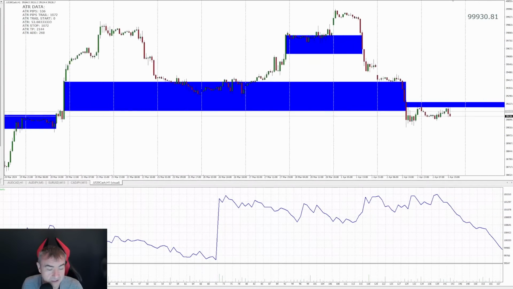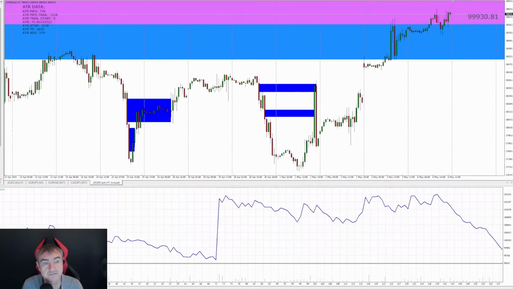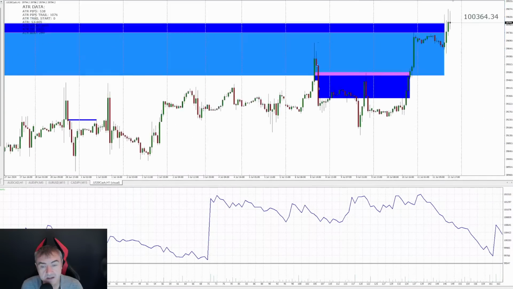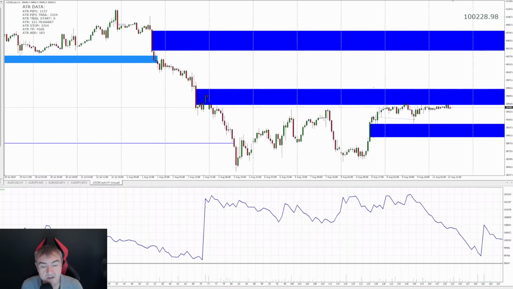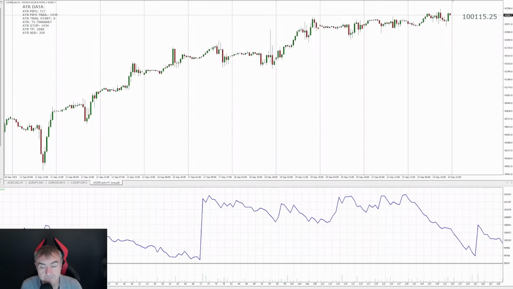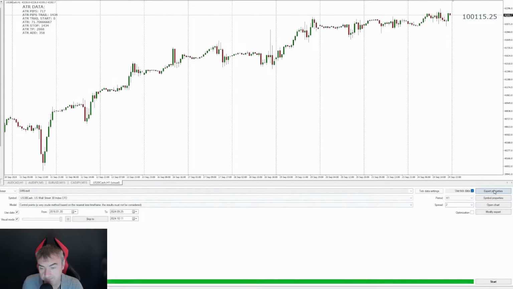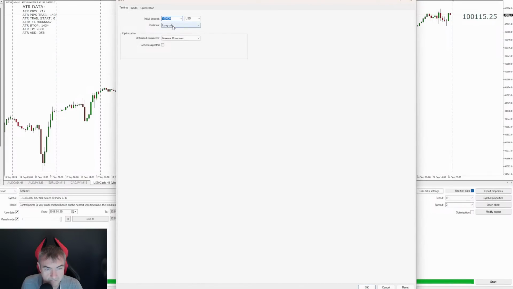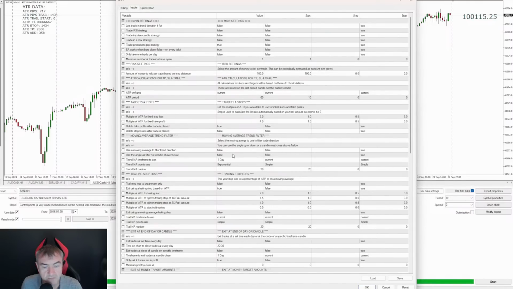EMA filters. I tested it with an EMA filter, directional wise. This is the same thing, isn't it? I mean, we know they go up. Didn't really work with an EMA filter. So basically what you're filtering out by going long only on indices is any positive US dollar news.